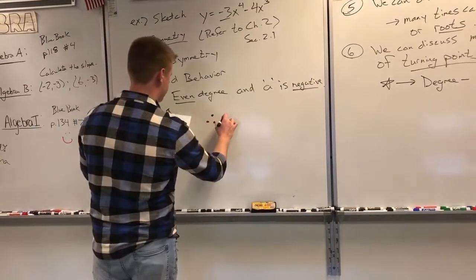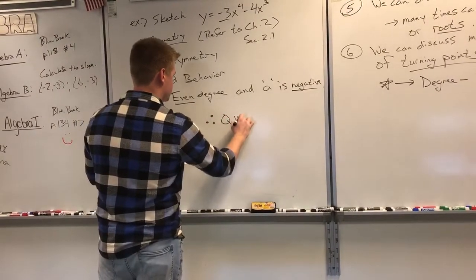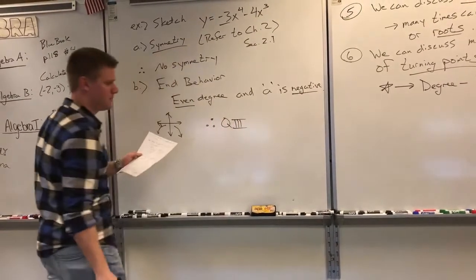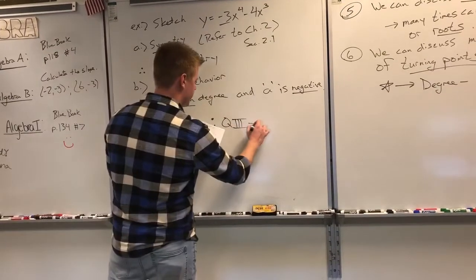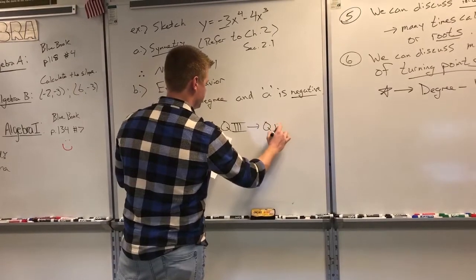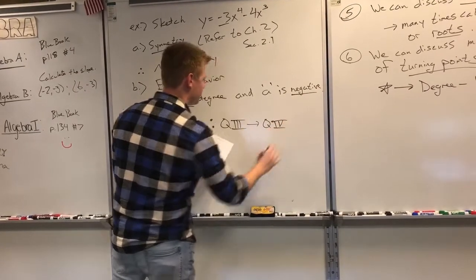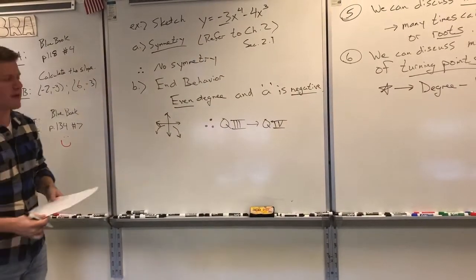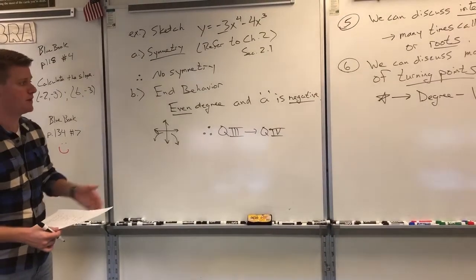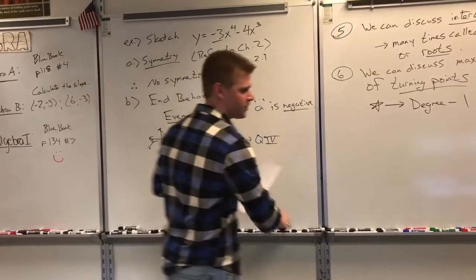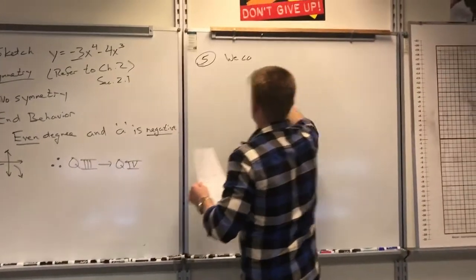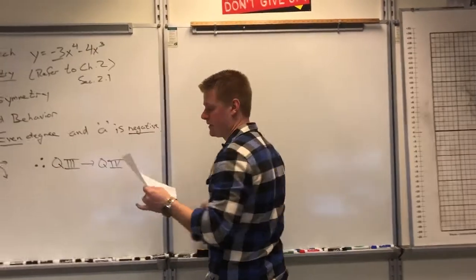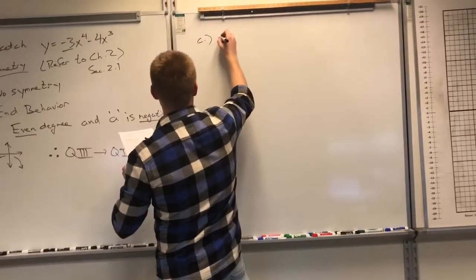So it is perfectly acceptable to leave your description of end behavior as such, starting in quadrant 3 and ending in quadrant 4. And again, this picture shows that. Okay, so there's end behavior, and again, I get that with the even degree and negative first term. So this one at its tails behaves like the downward opening parabola.